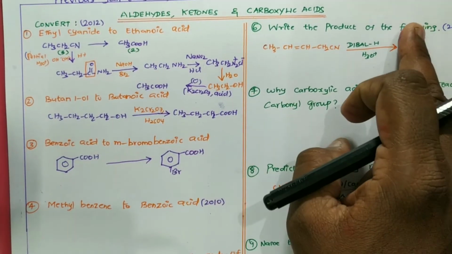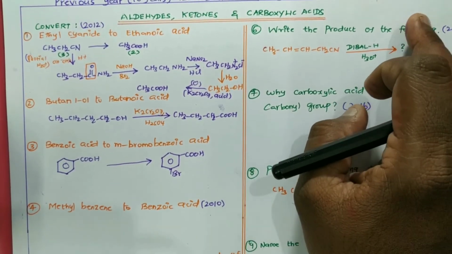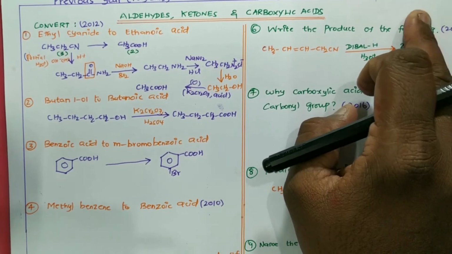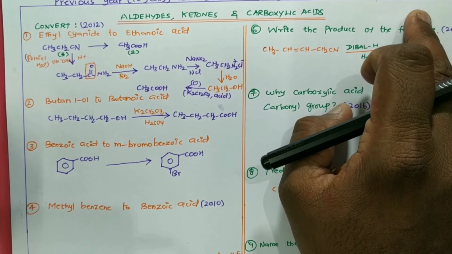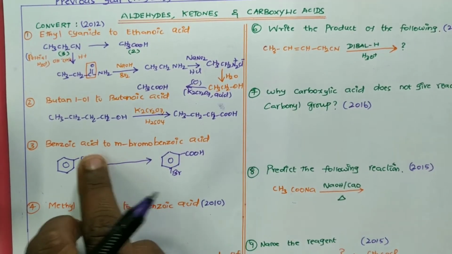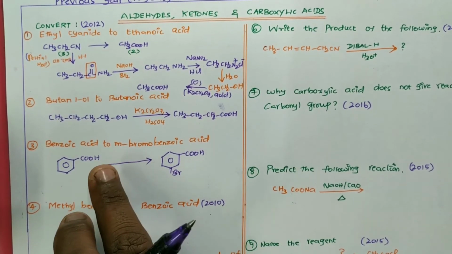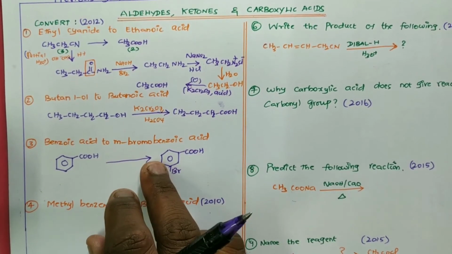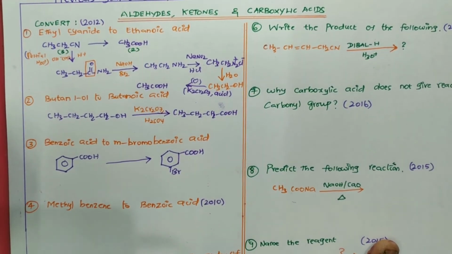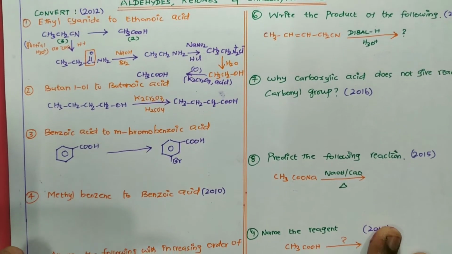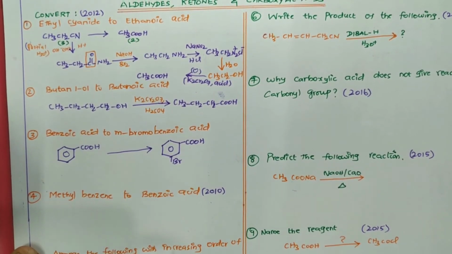I'll be giving an icon, which will be available in the top right of this video. Here, benzoic acid to metabromobenzoic acid, we have to identify which groups are ortho and para directing and which groups are meta directing, with a simple trick. If you don't know this concept, please click the icon in the top right corner and you'll get the video about how to find ortho, meta and para directing groups with a simple trick I already gave in that video. Thank you.